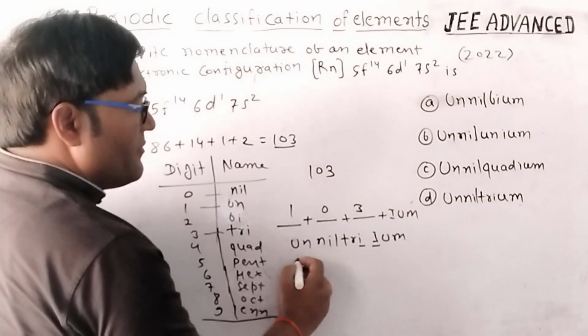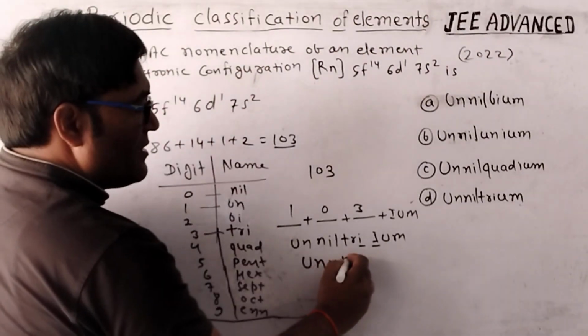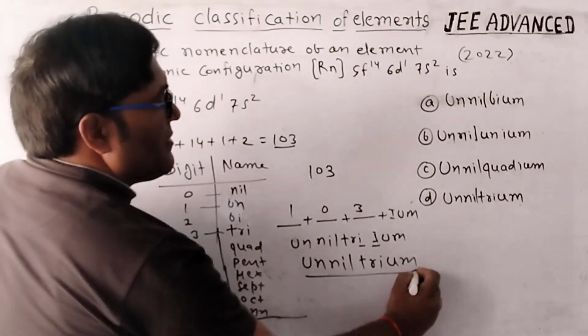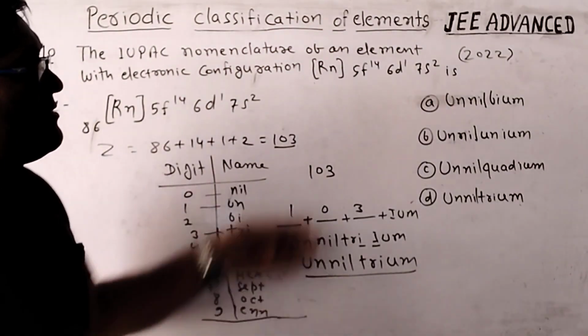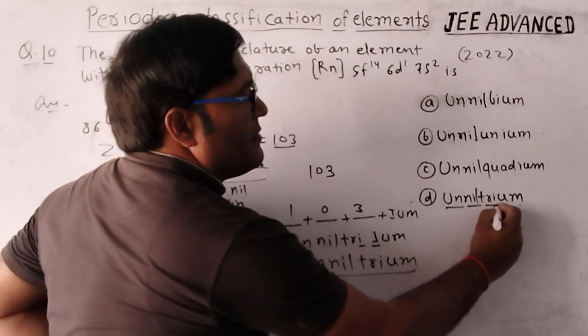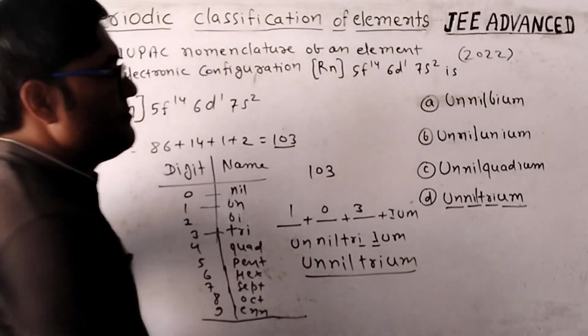So we can write un, nil, trium. We can check the options now: un, nil, trium. So option D is correct.